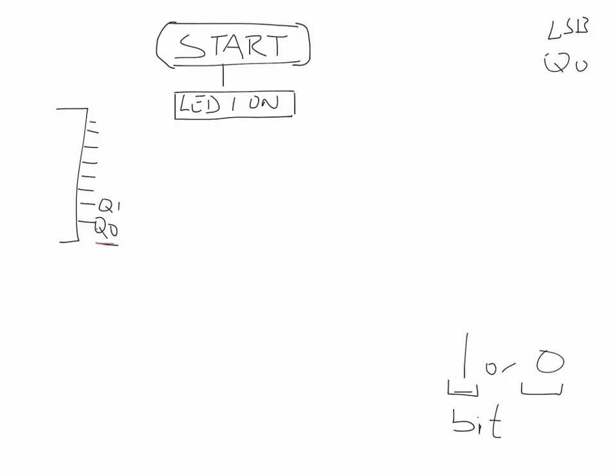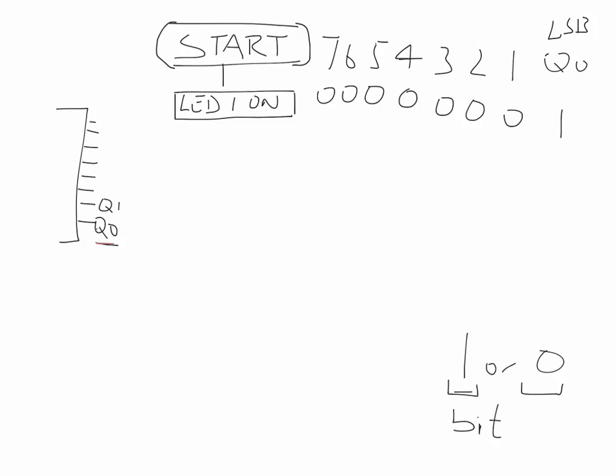So then I go from right to left, output 1, 2, 3, 4, 5, 6, and 7. So if I wanted to light up the first LED, I want to control it with this code. And if I only want to light it up, I put a 1 at Q0 and everything else is switched off. So my code becomes 0000 0001.